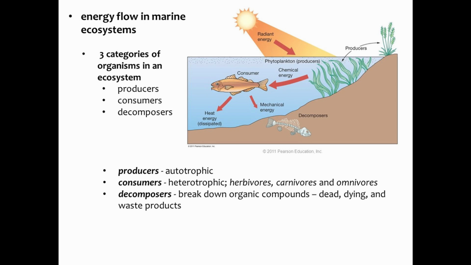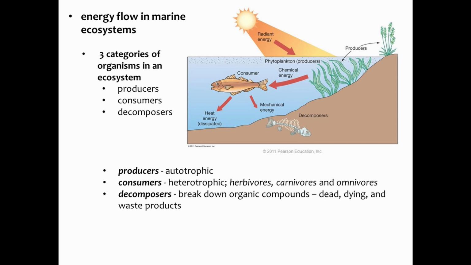They produce a chemical energy that then is consumed by the primary consumers and subsequent higher level consumers: second order, third order, fourth order consumers. The consumers get that chemical energy by eating the producer or by eating another consumer. And then we have decomposers, which break down organic compounds. If a consumer dies, the decomposer's job is to take this dead organism, release the energy from it, and produce waste products.